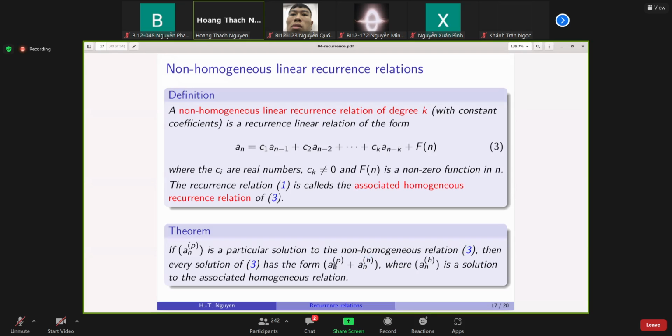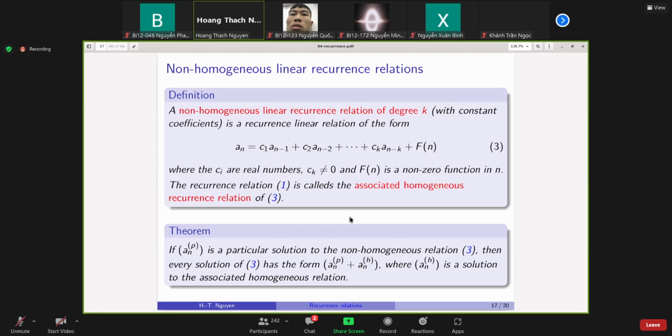Here you have a particular solution to the non-homogeneous case, and a generic solution to the homogeneous case. And then this theorem says that the generic solution to the non-homogeneous case is the sum of a particular solution to the non-homogeneous case and a general solution to the homogeneous case.